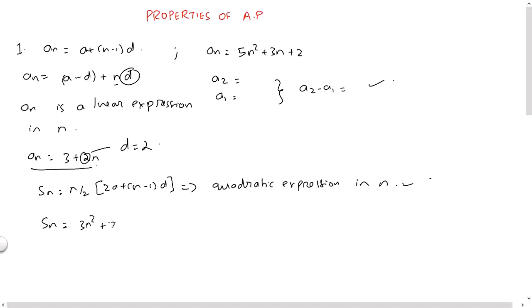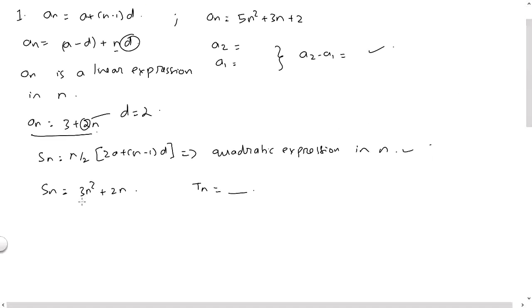And let us say Sn is given as 3n square plus 2n, and you have to determine the nth term, Tn equal to dash. How would you determine that? To determine the nth term, if you take Sn, this is the sum of n terms, that is the first term T1 plus T2 plus so on till Tn.